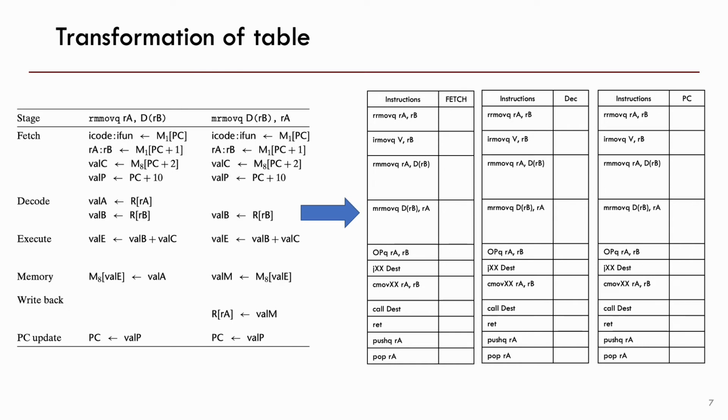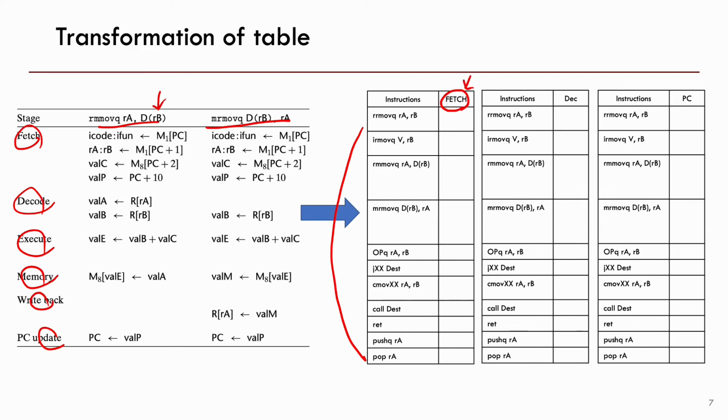Why is it necessary? It will be very useful for you to focus on one stage with all the instructions. The table on the left has all the stages but does not have all the instructions in one stage, while the table on the right has all the instructions for one stage.